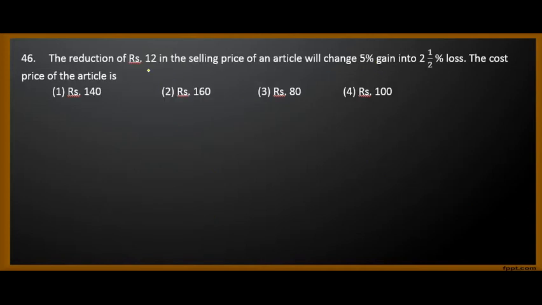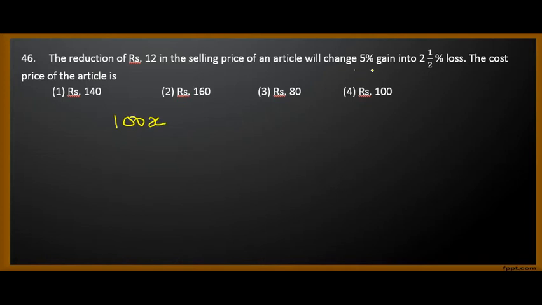The reduction of rupees 12 in selling price of an article changes 5% gain into 2.5% loss. The cost price of the article is? Now assume the cost price be 100x.